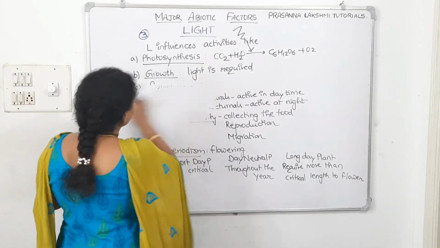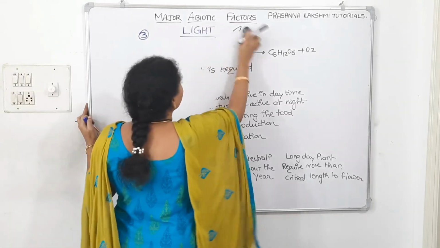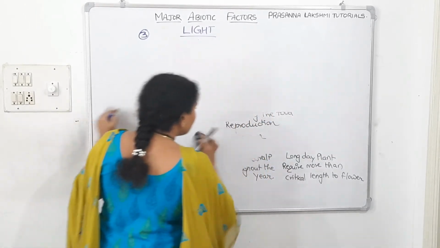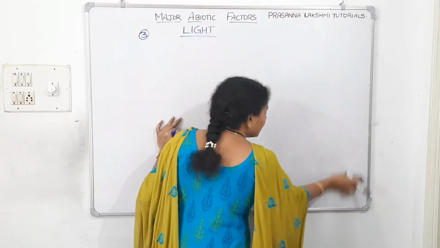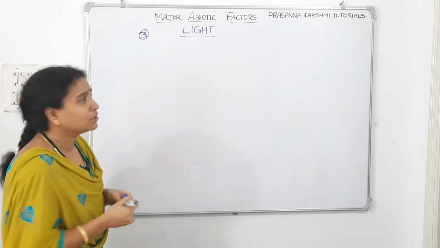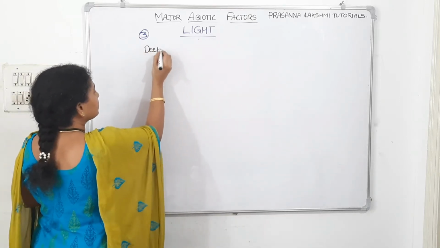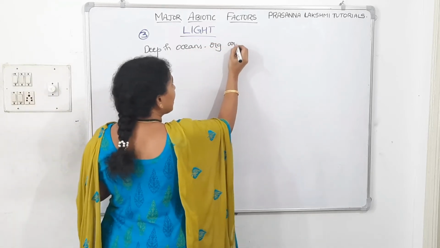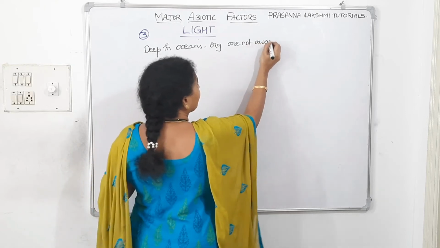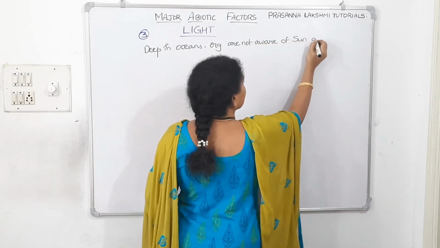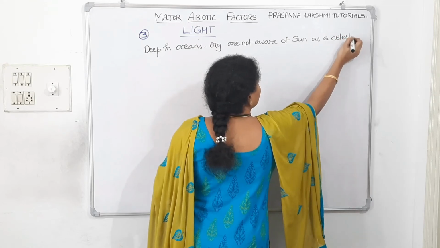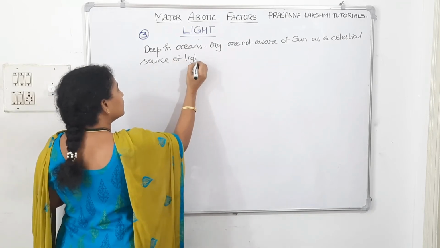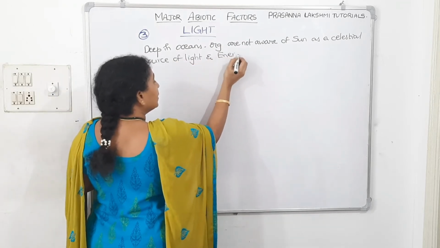Now, deep inside the oceans, organisms don't even know that a celestial source called the sun is there which provides the light and energy.